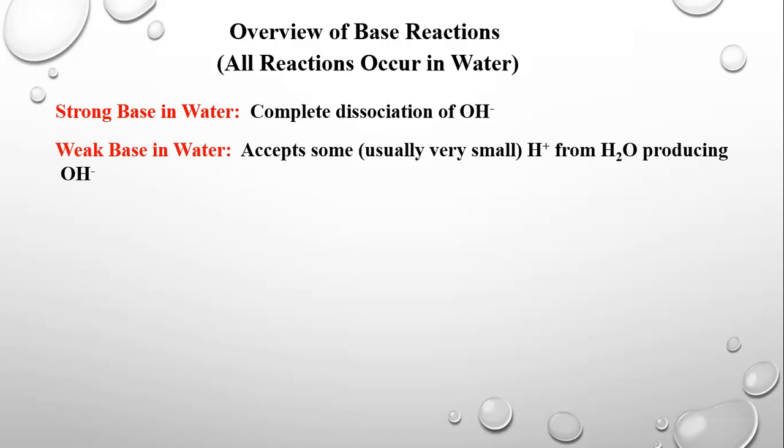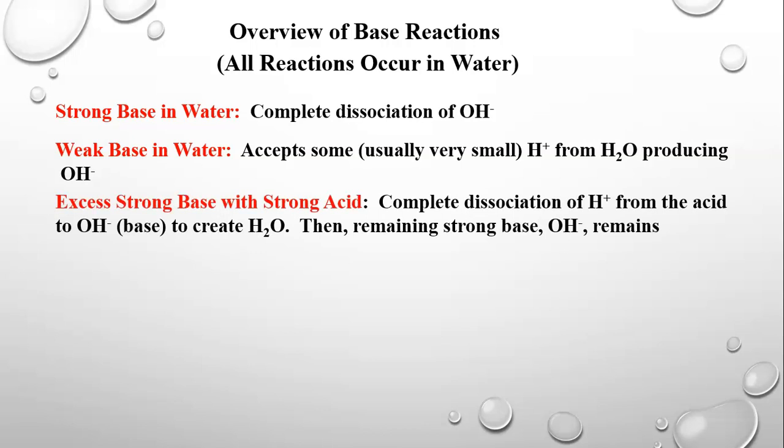A weak base in water accepts some, usually a very small number of protons from a water molecule, producing an OH-. So a weak base does it in kind of a roundabout way. Rather than bringing its own hydroxide OH-, it steals a proton away from a water molecule, and that leaves an OH- behind. That's what's left behind when you take a proton away from a water molecule. But that only happens some of the time.